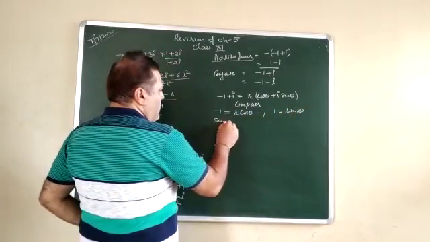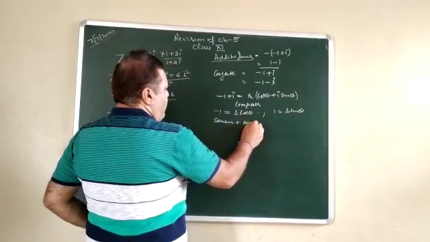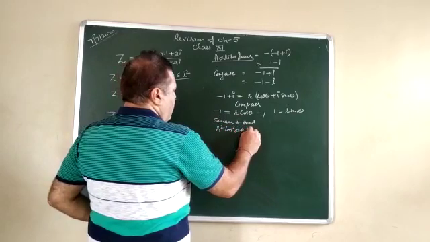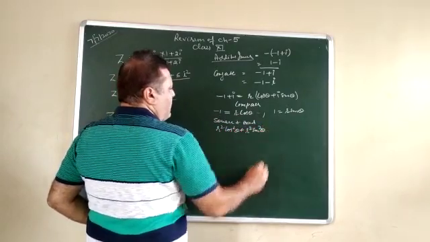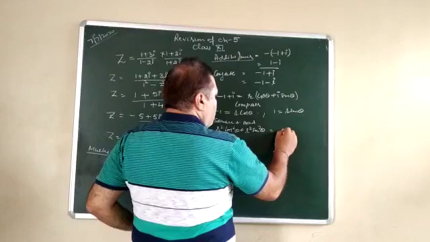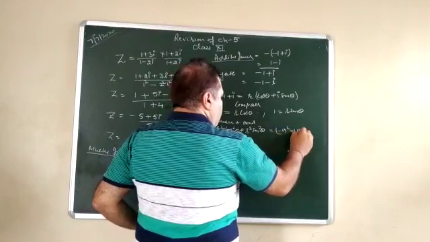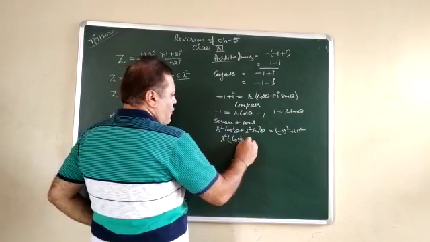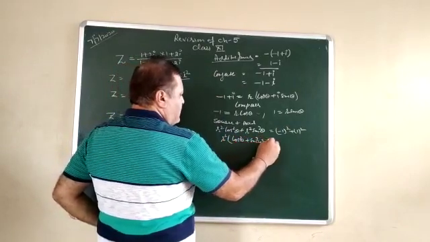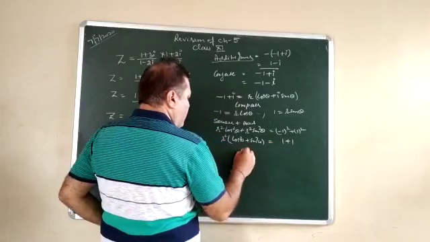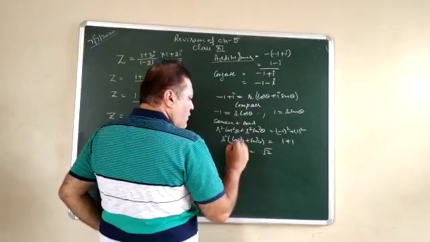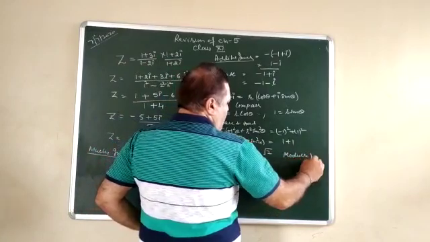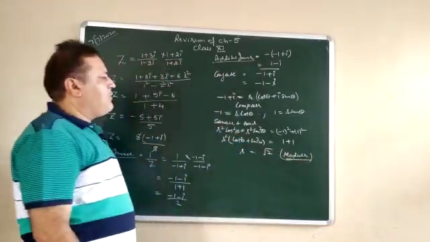Now square and add: r² cos² θ + r² sin² θ = (-1)² + 1², r² common, cos² + sin² is 1, 1 + 1, r is equal to √2. That gives the modulus, or you can directly calculate the modulus.